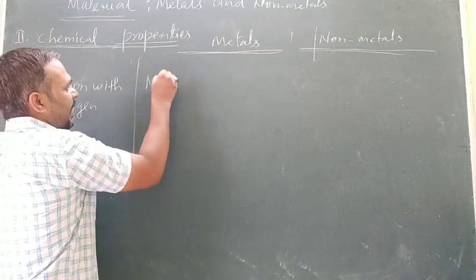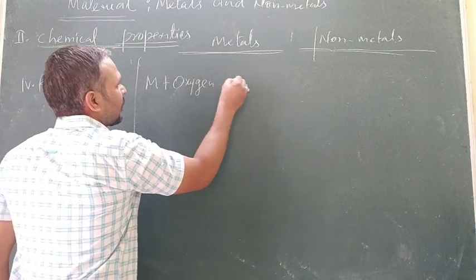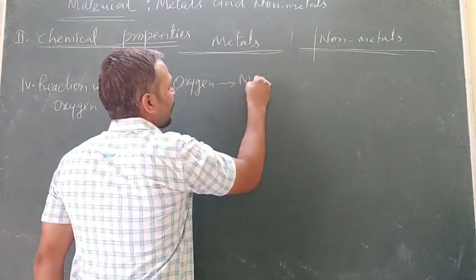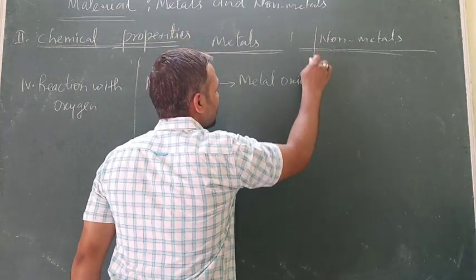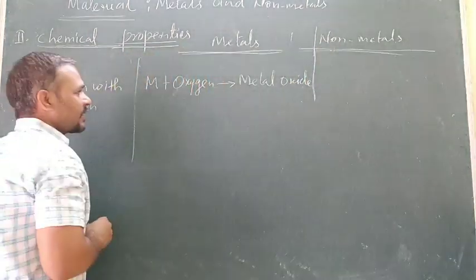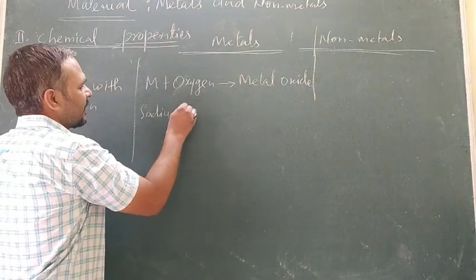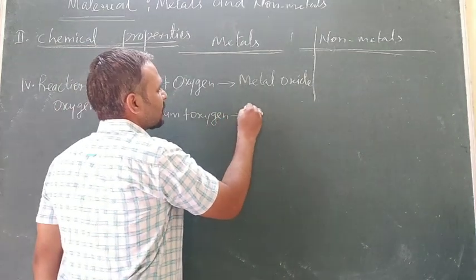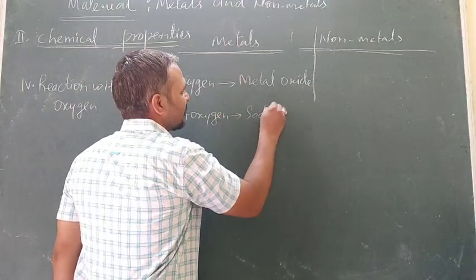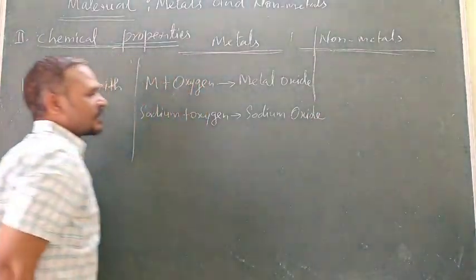When metal reacts with oxygen, it forms metal oxide. This is the first situation, right? For example, when sodium reacts with oxygen, it forms sodium oxide. Clear?